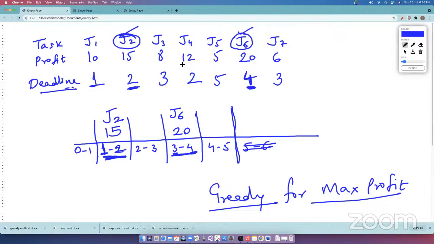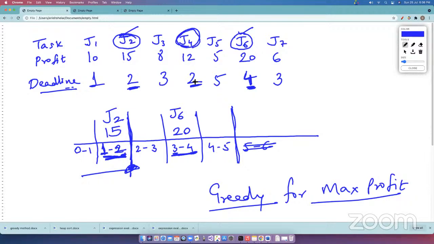Now, which job will you next take? Let's see, it should be J4 because its profit is next highest. Oh, but look at its deadline. Its deadline is 2. That means this job, J4, must be done before 2 or up to 2.